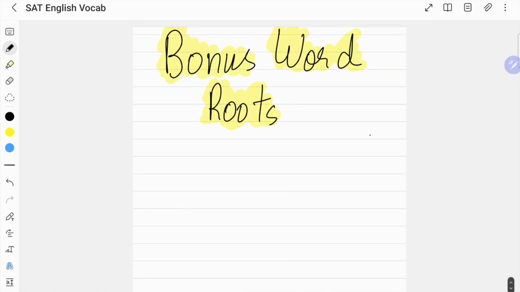So we have some bonus word roots, or maybe just some words basically. So let's use the word circumnavigate. Now these are just simple words, so I'll just be giving the direct meaning. So circum is to get around.